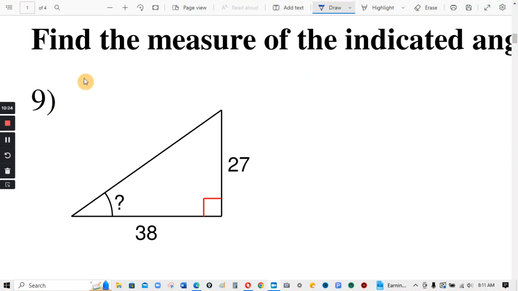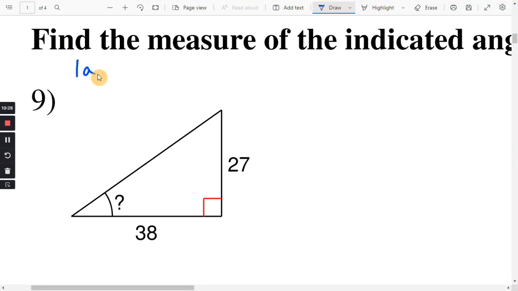Now, let's look at number 9. The first thing you want to do is label the sides. Okay, so we're referencing this angle, question mark here. This is our reference angle.